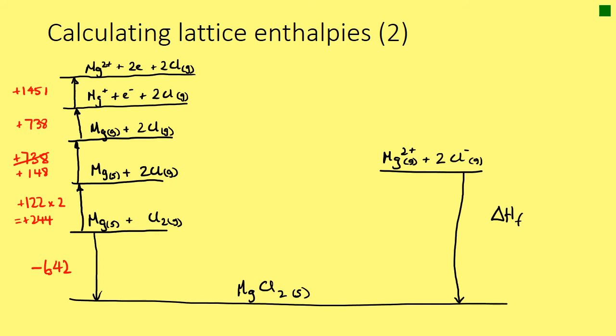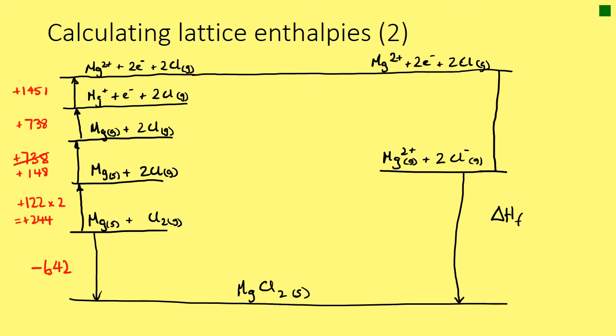So we're going to take our Born Haber cycle and extend it across to the right-hand side. We can rewrite what we've got just to make it slightly easier for us. I'm not making any changes, so the energy level is the same. We've got our 2 chlorine gaseous atoms, and then we're going to take those 2 moles of gaseous chlorine atoms and let them take those electrons.